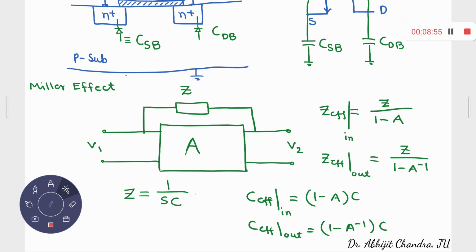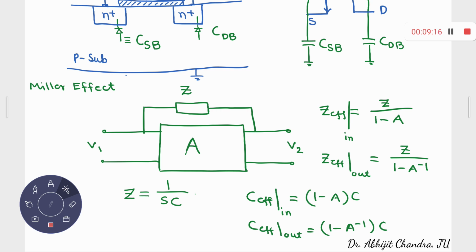However, if A is large enough and negative, as for a common source amplifier, in that case what will be the effective value of this impedance? Reduced. Because Z effective is equal to Z upon 1 minus A, and A is large. Suppose A is equal to minus 10, minus 20.